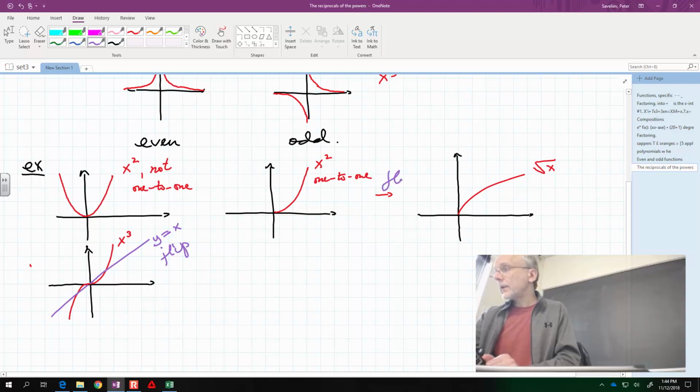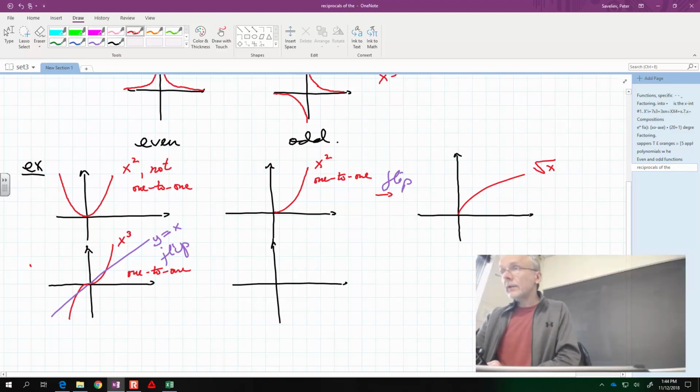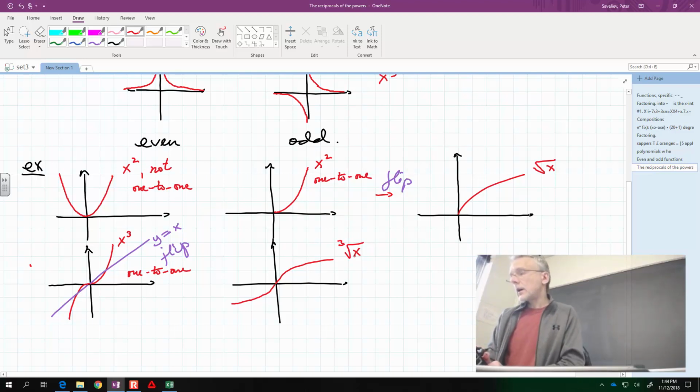So we did flip here, but first we had to cut, and this one we go straight to flip because it is 1-to-1. And so the end result is immediately its inverse, the cubic root of x.